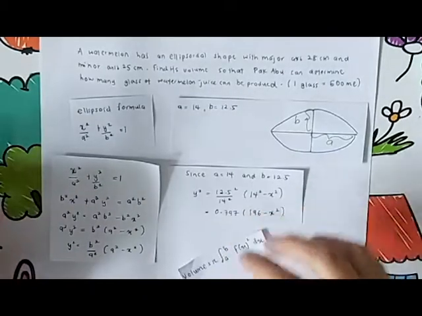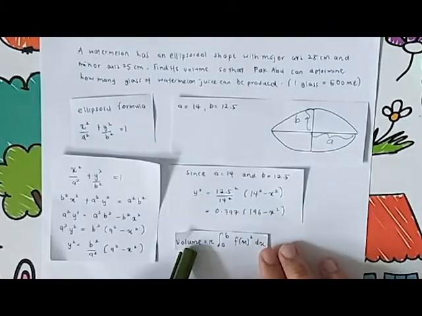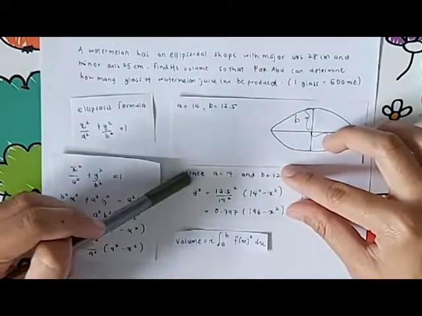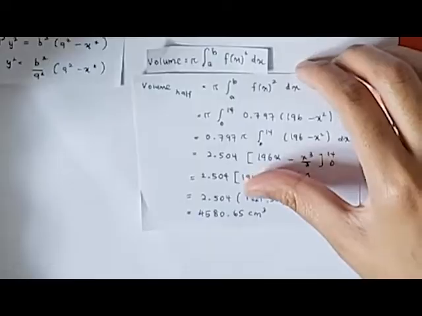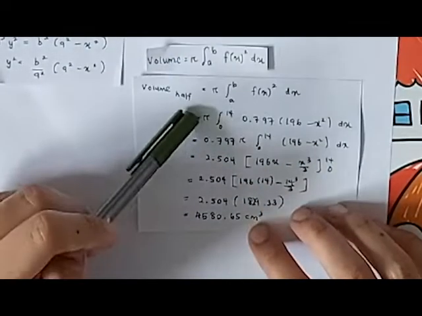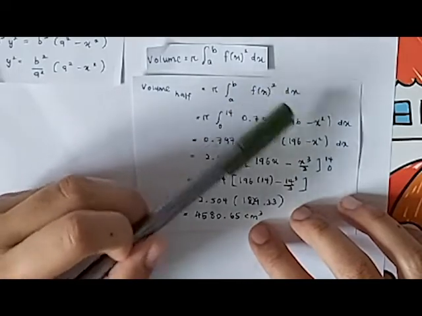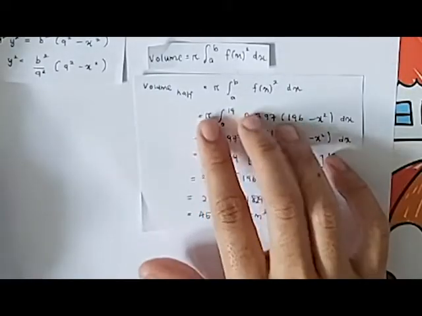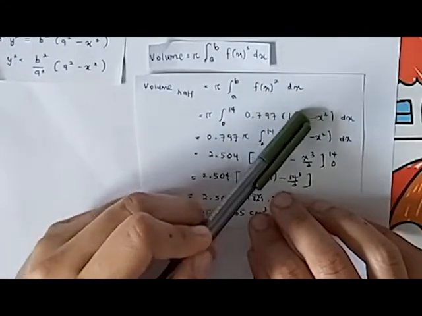The volume formula, as I said earlier, is this. So you want to substitute the y squared into this. So you will get volume half equals pi integrate a to b of y squared dx.